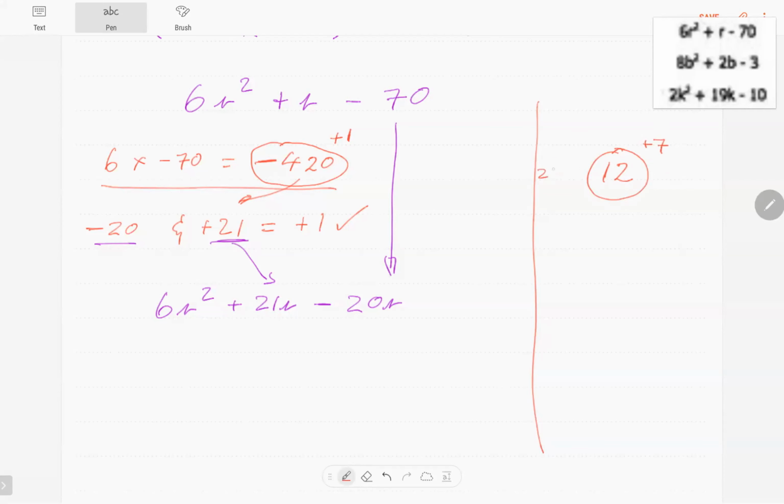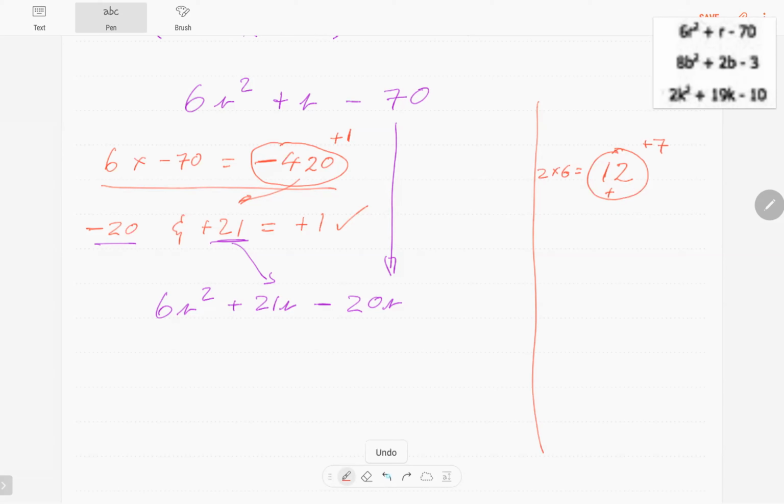So you do your 2 times 6 and you get 12, and you want factors of 12 that add to 7. Now, factors of a positive number are either 2 positive numbers or 2 negative numbers.